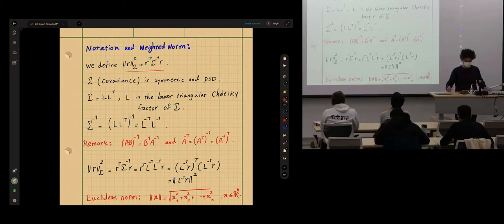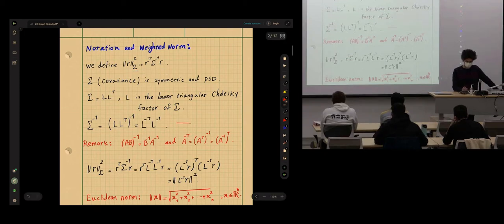Now, one thing that is possible to do is it's always possible to convert this weighted norm into an unweighted norm by bringing the weight inside the norm. If you factor the covariance using a Cholesky factorization, because it's symmetric and positive definite, then you get the Cholesky factor L, and sigma inverse will be L transpose inverse times L inverse.